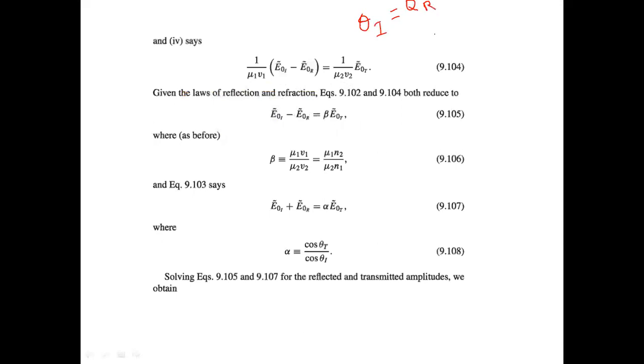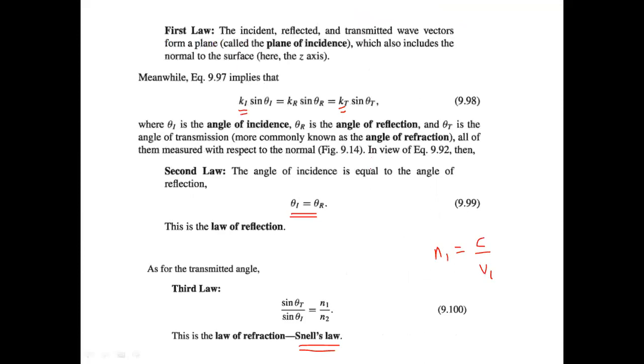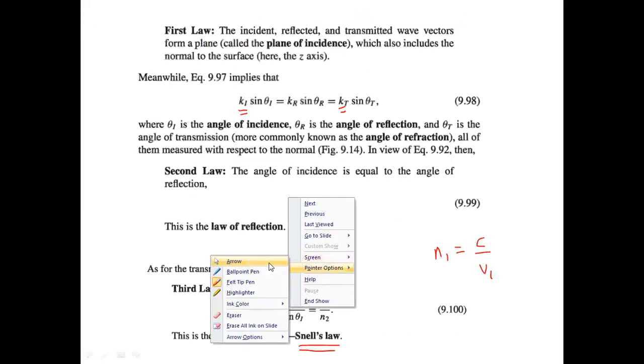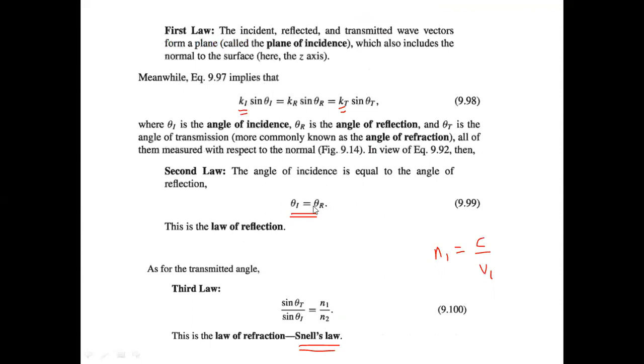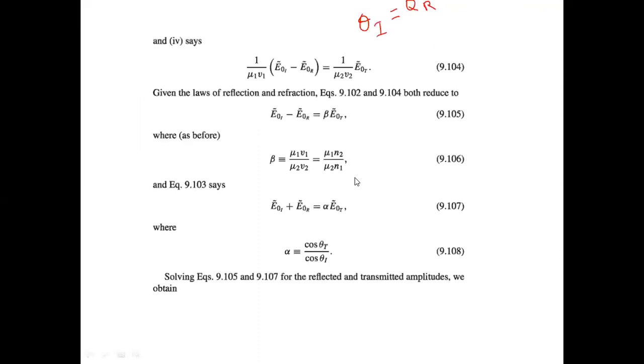Okay, theta I is equal to theta r, and Snell's law also we use. So this equation and this equation we make use of now, and when we substitute those equations, our equations reduce to these set of equations.